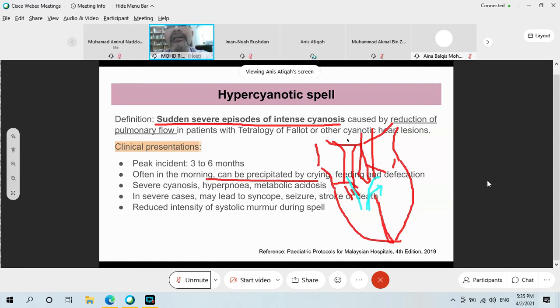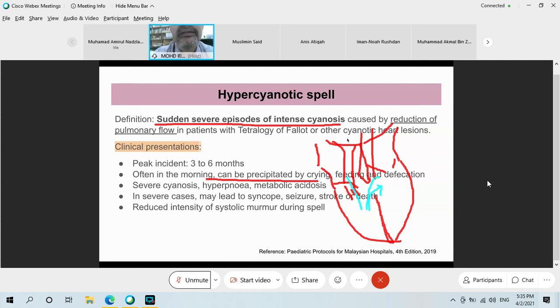So what condition can cause reduced systemic vascular resistance? Exercise. Exercise, hot bath, anything that causes vasodilatation. So the patient will have worsening of stenosis.